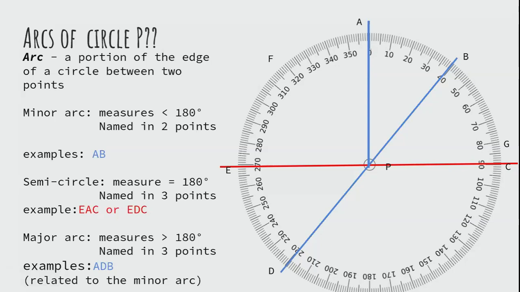Every circle that has an angle has a major and a minor arc, or you can divide a circle into a major and a minor arc. Remember, the minor arc is greater than 0 but less than 180 degrees. A semicircle is exactly 180 degrees. And a major arc is greater than 180 degrees. Okay?